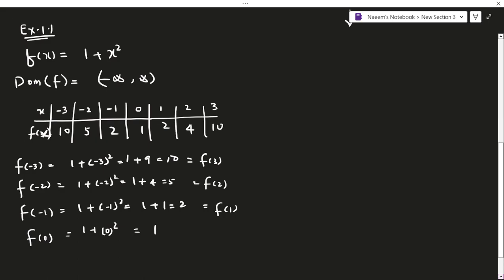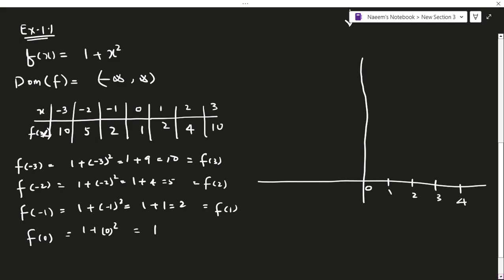Now taking scale, you can check that f of x is not getting any negative value, so ignore the negative axis. Say 0, 1, 2, 3, 4, and so on, -1, -2, -3, -4, and so on.